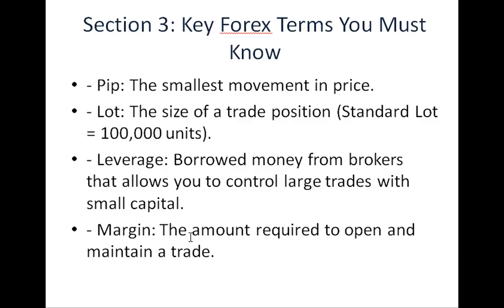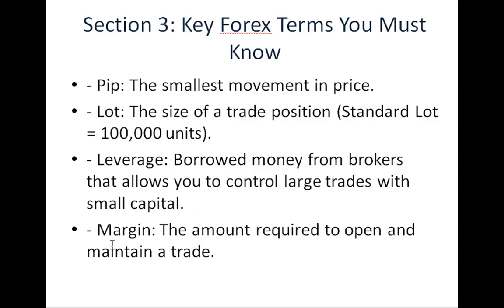Let's move on. There's what we call leverage. Leverage talks about borrowed money from brokers that allows you to control a large trade with small capital. It allows you to control a large trade with what? Small capital. Leverage basically allows you to control a huge amount of money that is not in your account, but you control it with a small amount of money.